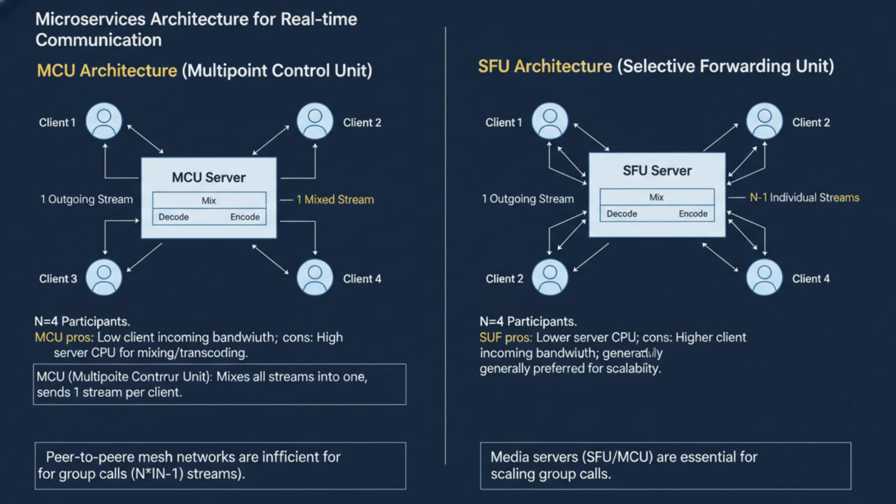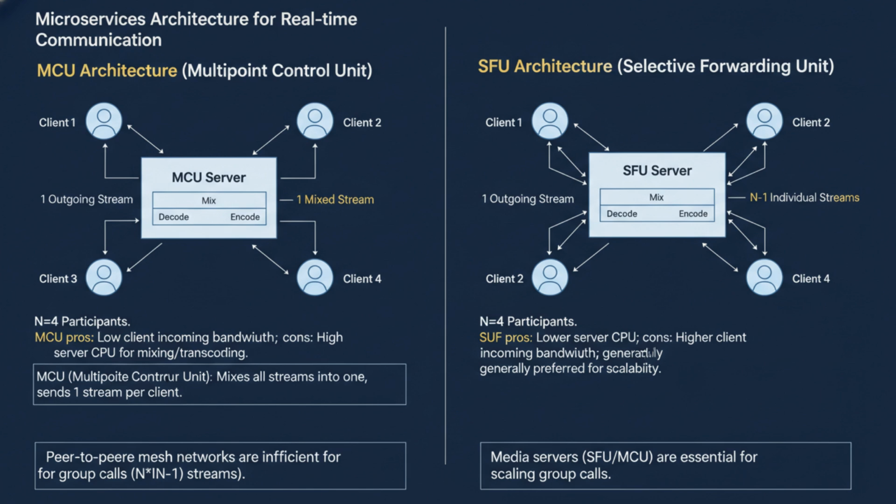In contrast, an SFU, or Selective Forwarding Unit, is a more bandwidth-efficient and popular choice for modern WebRTC conferencing. An SFU receives each participant's incoming media stream and simply forwards it to all other participants without decoding or mixing. Each client still sends one outgoing stream, but receives n-1 individual streams.